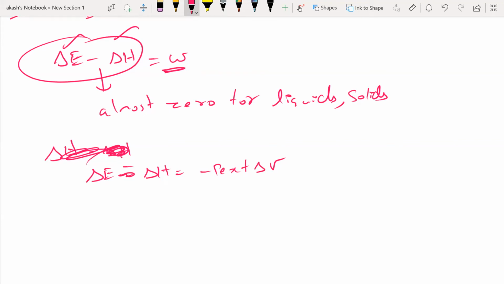Yeah, we can directly write it as delta Ng RT. So we already derived the relationship. If you can remember, P del V, we wrote it as delta Ng RT. But there is another relationship, no? Delta E and delta H.